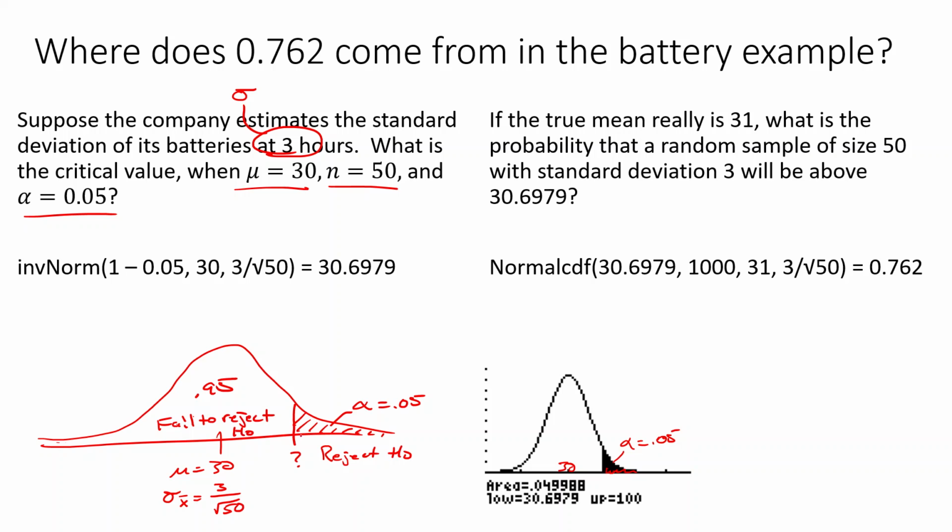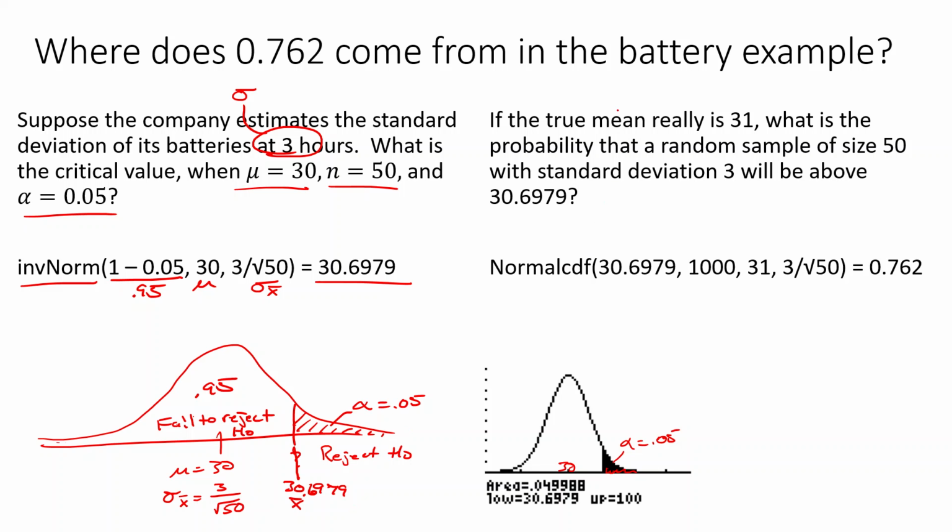So we need to know that cutoff. We do the inverse norm of 0.95 with a mean of 30 and a standard deviation of our sampling distribution. That gives us 30.6979. So if we get anything bigger than that for our sample mean, we would end up rejecting.